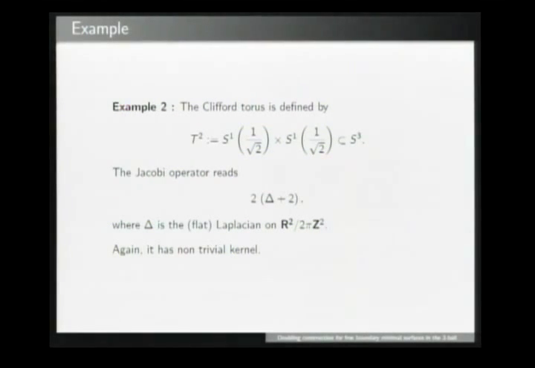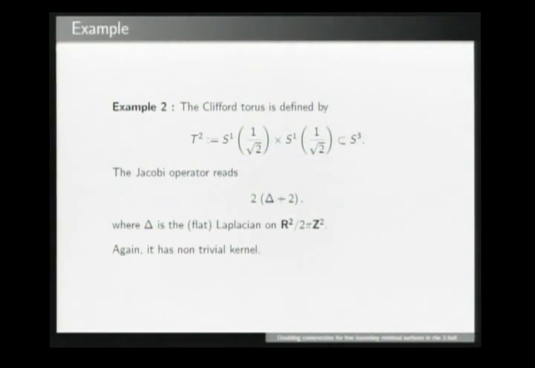So now, another example, which is the Clifford torus, which has already been used in the previous talks. The Clifford torus in S3 is a minimal surface, and this time the Jacobi operator reads twice the Laplacian plus 2, and this is the flat Laplacian, the Laplacian on R2.